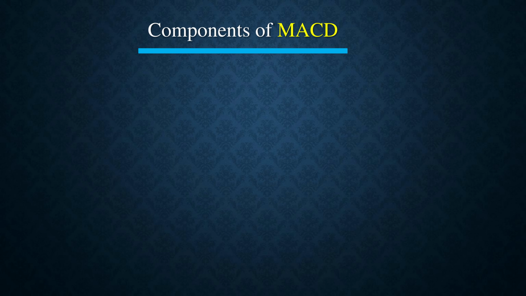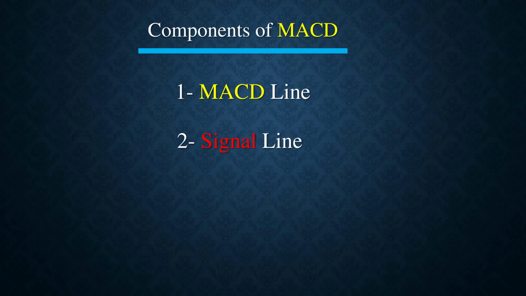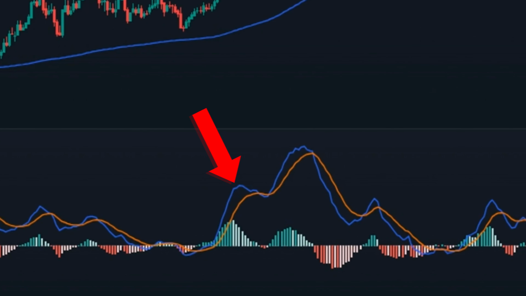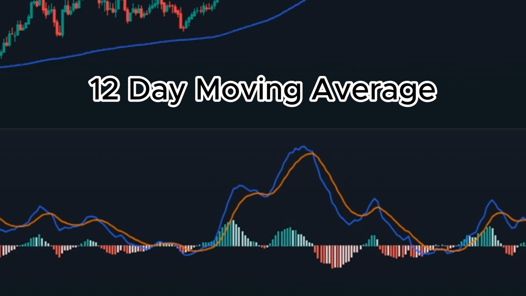MACD is made up of four different components: the MACD line, the signal line, the histogram, and the zero line. The MACD line, which is the blue line, is in most cases a 12-day moving average.